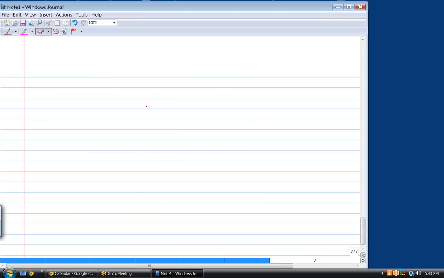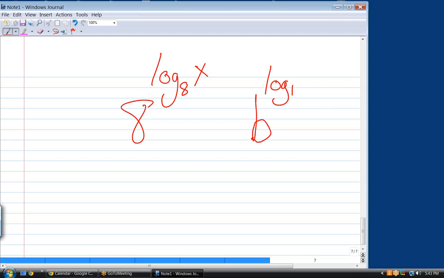What is this equal to? In other words, this is the format b to the log base b of x. And that's always equal to x, no matter what b is.